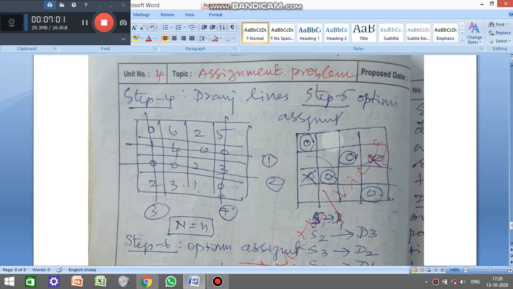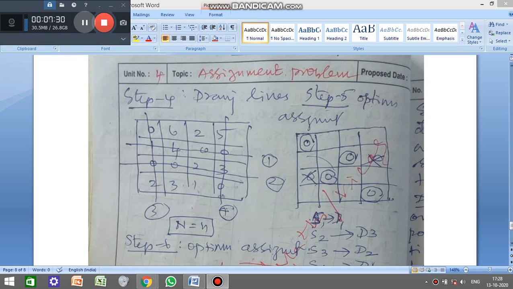That is our aim here, and we have to assign according to that. You take the first row, only 1 zero is there, so you assign that. If any other zeros in the row or column are there, we have to strike them out. So I have assigned the first salesman to the first district.